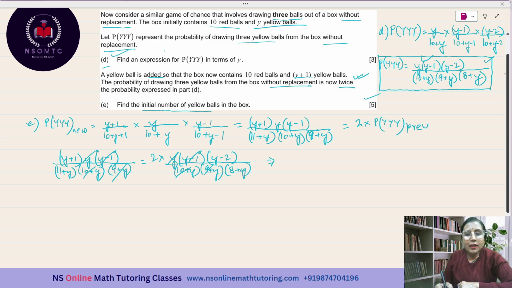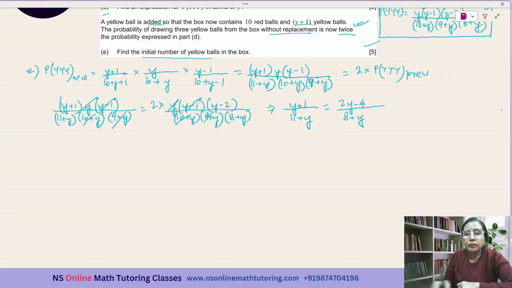So what is remaining is y plus 1 over 11 plus y is equal to 2 times y minus 2, so I can write 2y minus 4, over 8 plus y. Now I'll do cross multiplication. So it is 8 plus y times y plus 1 is equal to 2y minus 4 times 11 plus y.